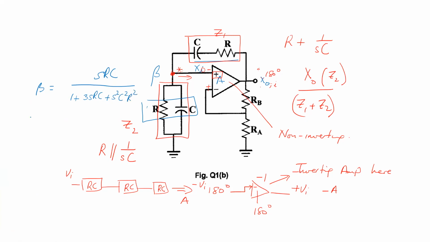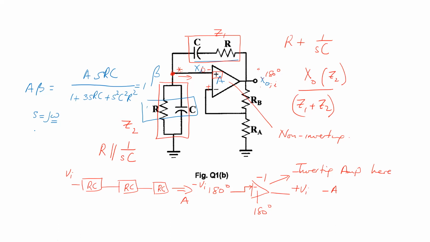Right? So to get the frequency response, of course, if beta is that, then A beta, which will be A by this, has to be equal to 1 for the Barkhausen criterion to work. And then if you substitute S equal J omega, you get something inside of here. And that's going to allow you to determine the value of omega to make A beta equal to 1.